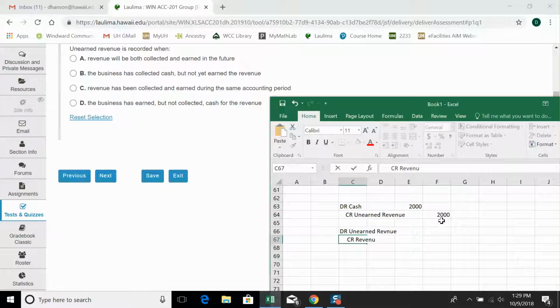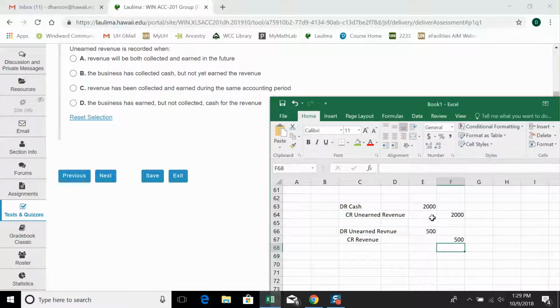So in this situation, revenue is increasing and unearned revenue is decreasing. Okay, so two journal entries that involve the unearned revenue: when money is received before the services are performed or the goods are delivered, and the elimination of the unearned revenue liability when the services and goods are actually provided.